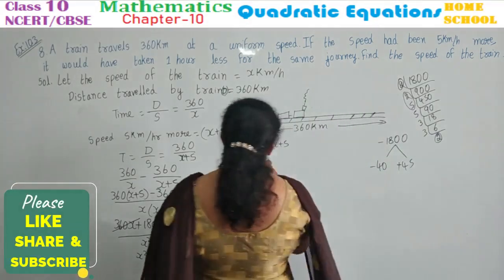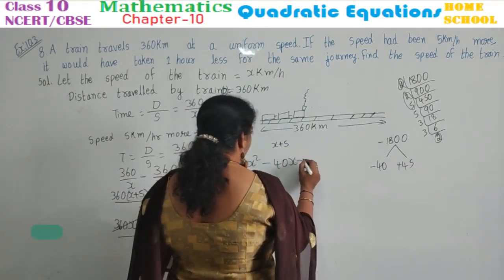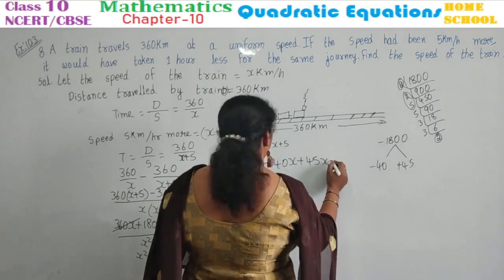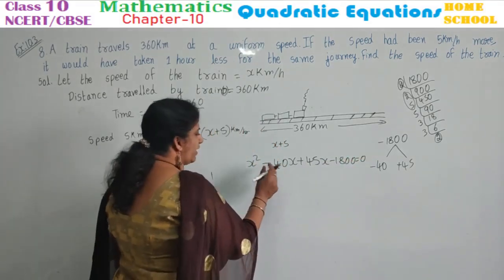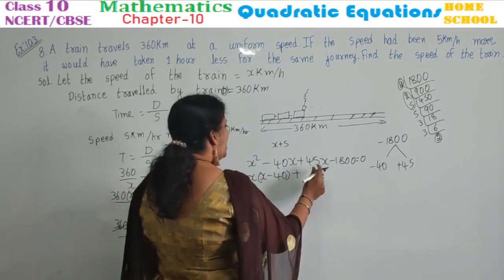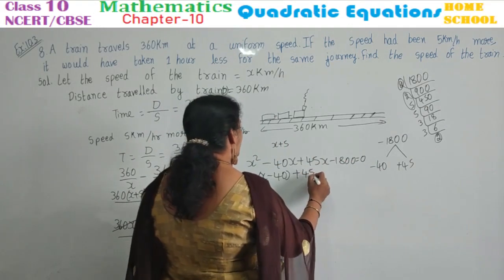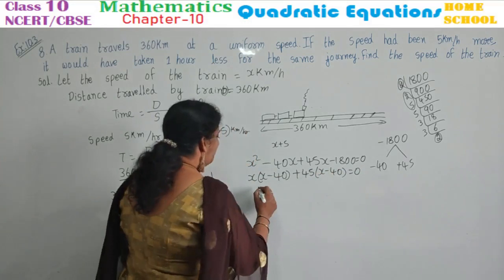Now split the middle term. x square minus 40x plus 45x minus 1800 equal to 0. In the first two terms, x is common: x minus 40. In the last two, 45 is common: x minus 40 equal to 0.